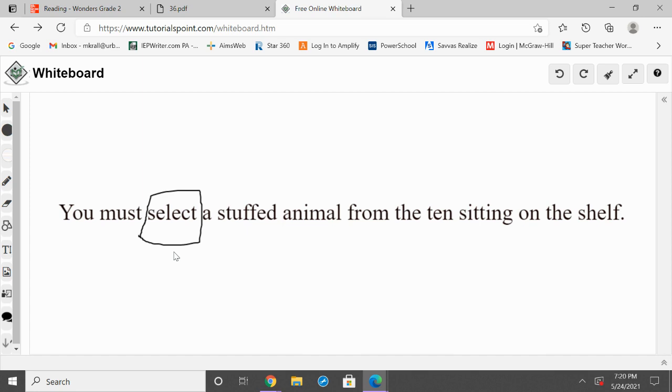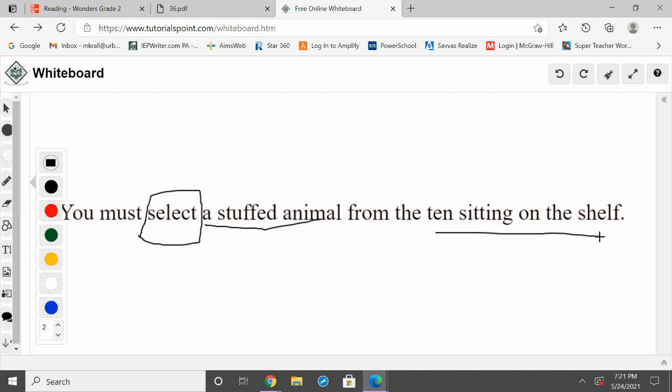"You must select a stuffed animal from the 10 sitting on the shelf." Well, let me look. It says a stuffed animal, so that means one stuffed animal from 10 that are sitting on a shelf. If there are 10 stuffed animals sitting on a shelf, and I select one stuffed animal, I think select means to pick.